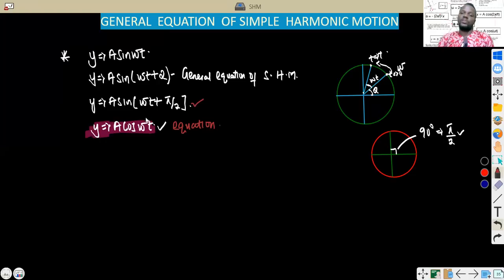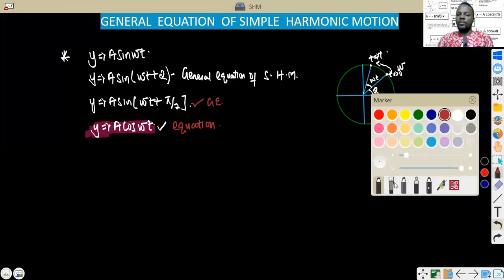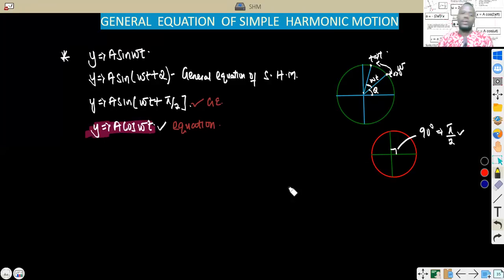What I've done is I've just applied my trigonometric value, which is also one of those things you need to keep at the back of your mind. Now that we have the general equation, I write it as GE. Now we can study the velocity and acceleration of SHM in detail. So let's quickly study that.